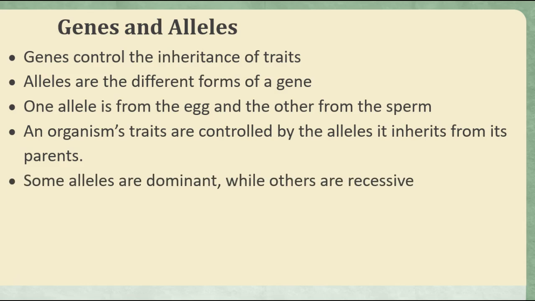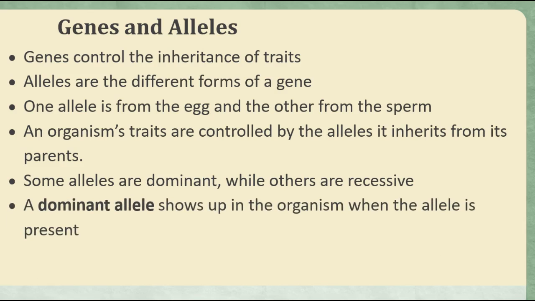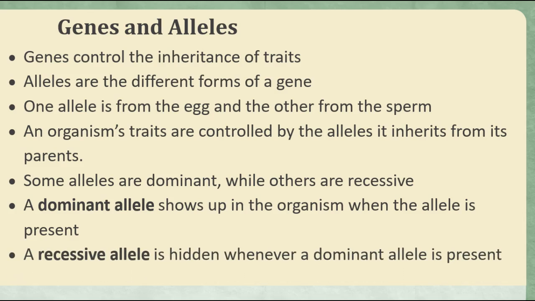Some alleles are dominant, while others are recessive. A dominant allele shows up in the organism whenever the allele is present, and a recessive allele is hidden whenever a dominant allele is present.